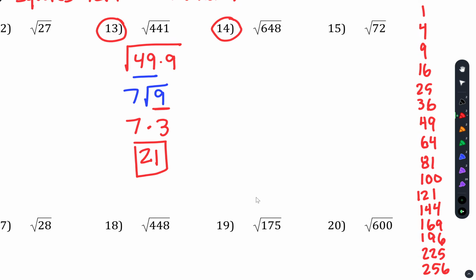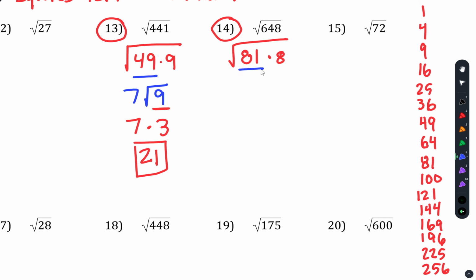I need a perfect square factor. I don't think it is 64. 81 will come out of that evenly. 81 times what?